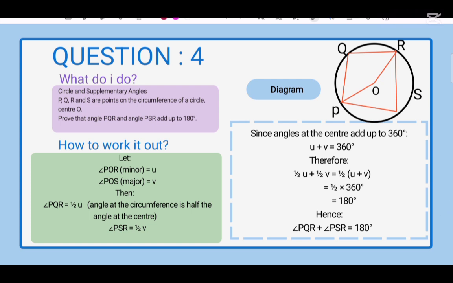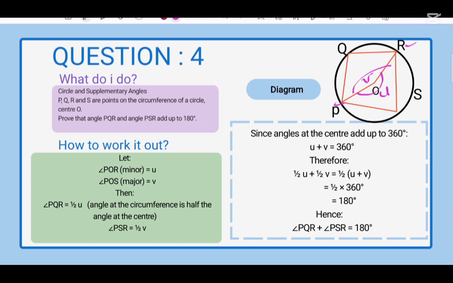Now how do we go about this one? Let's say that the minor angle POR, this arc POR, let it be U, and also the major angle there, POS, which is the bigger one, let it be V. So automatically U plus V equals 360 degrees.